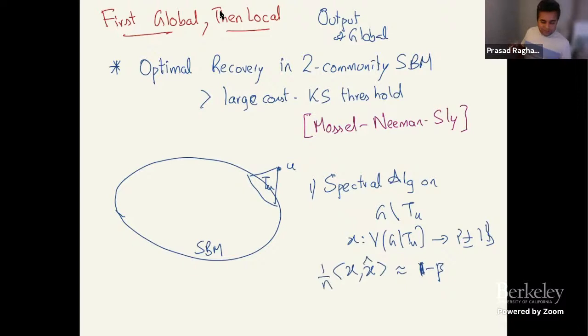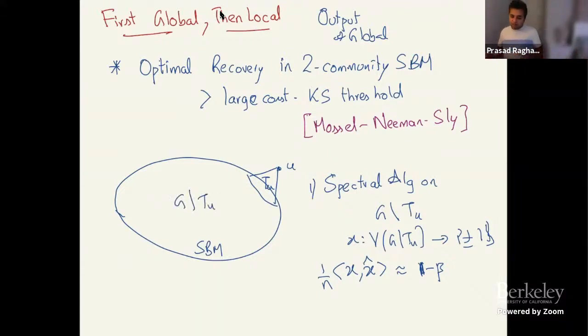Now the clever idea is that because we did not use the tree at all, the spectral algorithm did not even see the local tree, so the randomness in the tree is still there with us. In particular, you can think of the places where U connects to the graph as random, because this graph is an SBM. The way to sample a neighborhood of U is to start growing a tree around U, like we saw yesterday, a Poisson or Galton-Watson tree, which then attaches to G minus T_U at some random location.